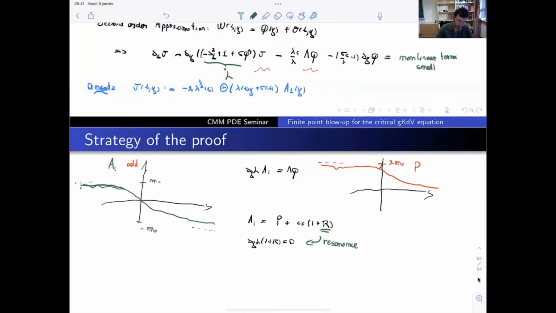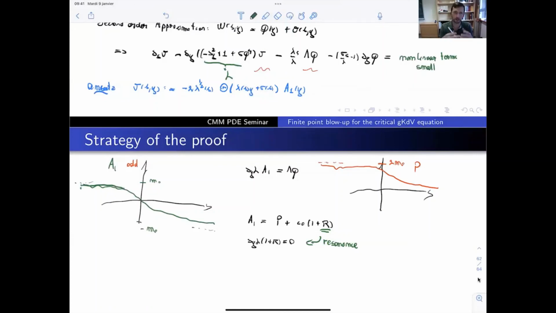Okay. And I think that we are using this resonance somehow, and we are able to construct an antiderivative of lambda Q which is odd. And this will be fundamental, because when this comes into the energy, you will have a very important cancellation, because A1 is odd, and this will allow more blow-up rates.